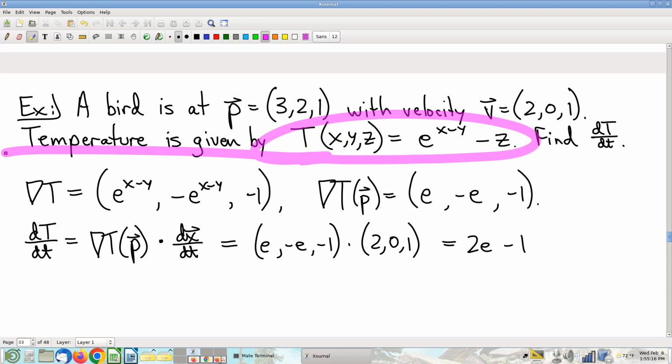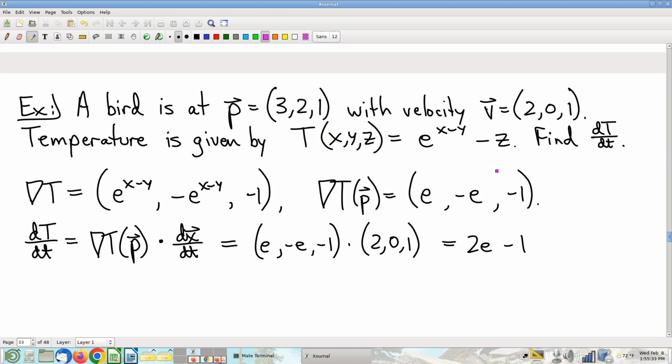Right, so the bird movement means that for every value of t, I get a corresponding position, and then this temperature function takes that position and gives me an output, namely the temperature. So we have a composition of functions. Again, we're trying to find the derivative of that composition, the rate of change of the eventual output with respect to the original input.